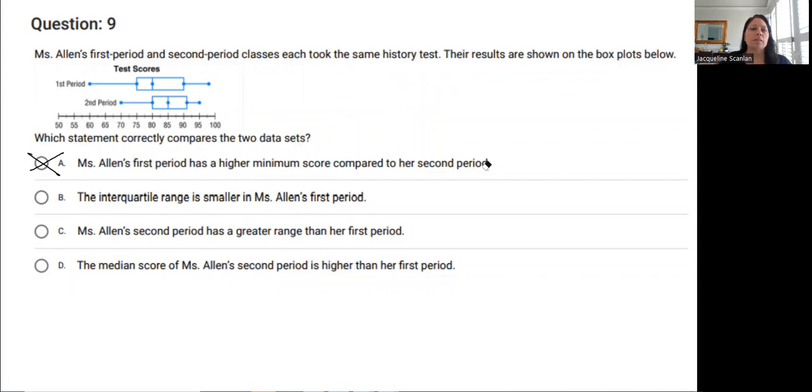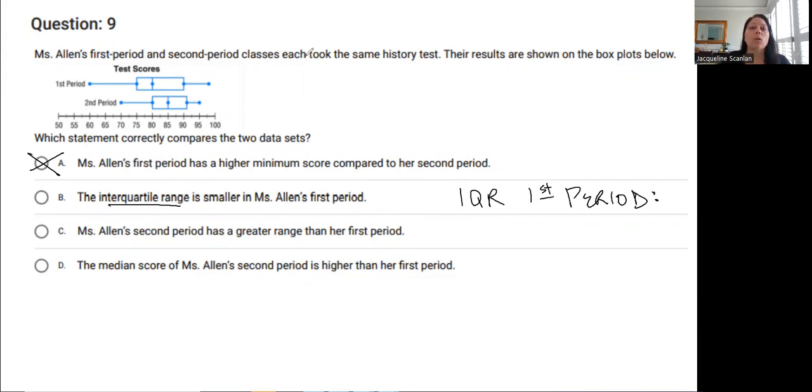Answer choice B says, the interquartile range is smaller in Miss Allen's first period. In order for me to figure this out, I need to figure out what the interquartile range is for both classes. Okay, so the interquartile range for her first period is found by doing this.